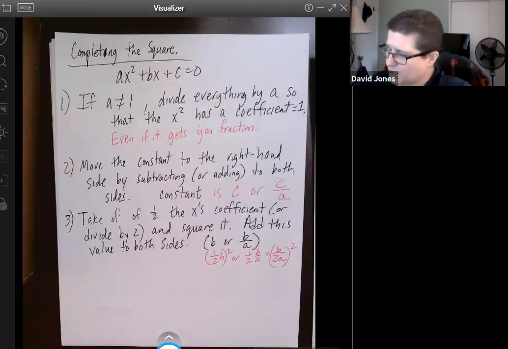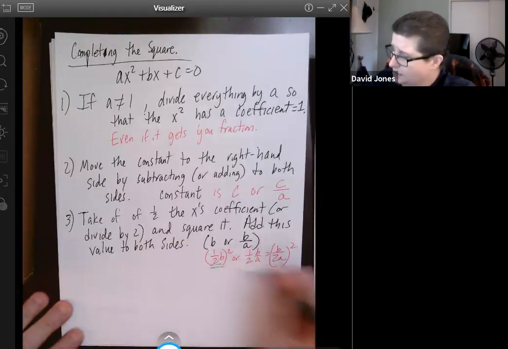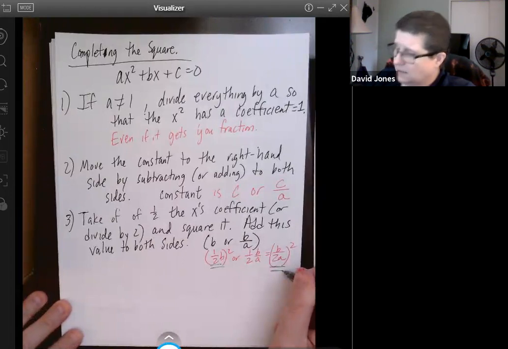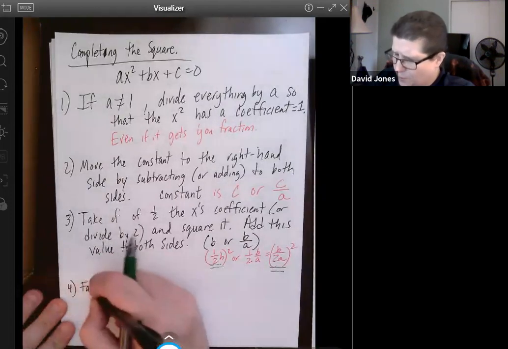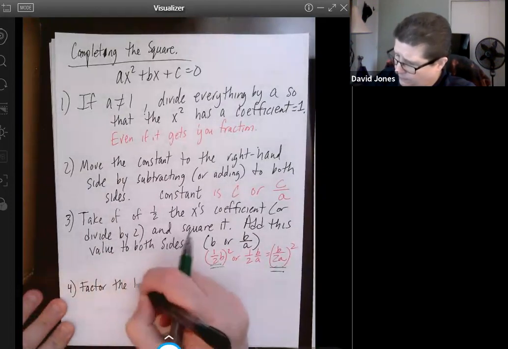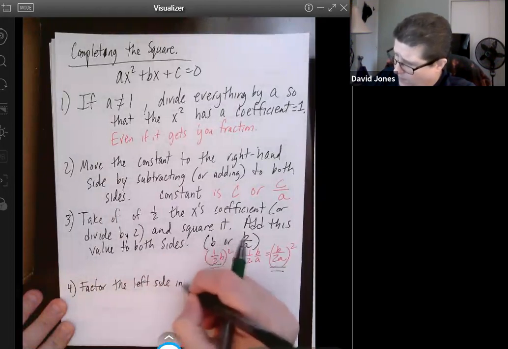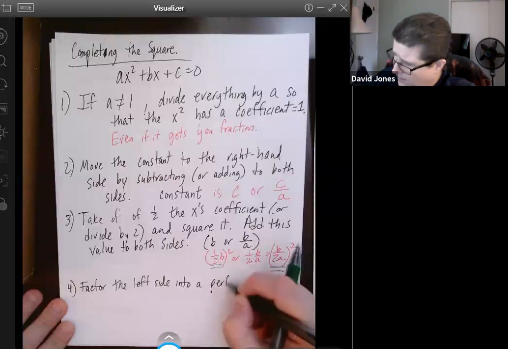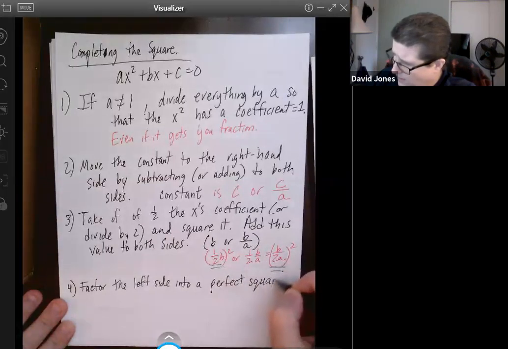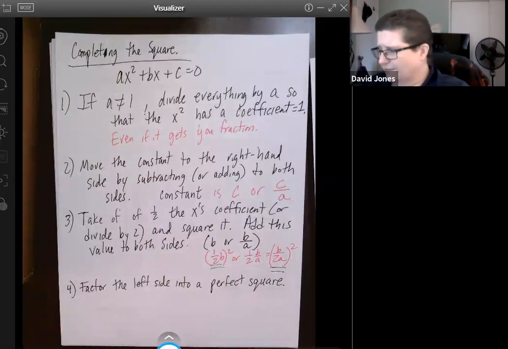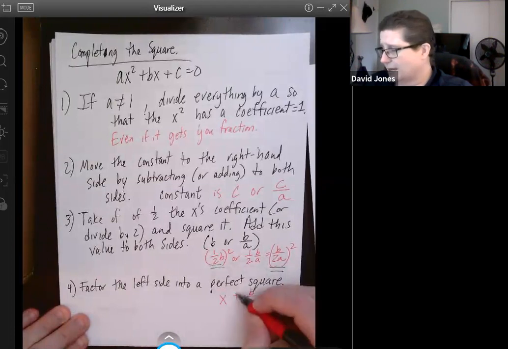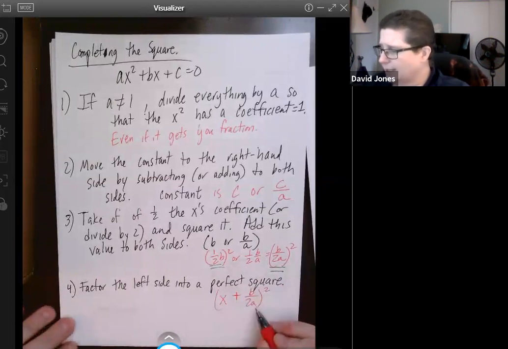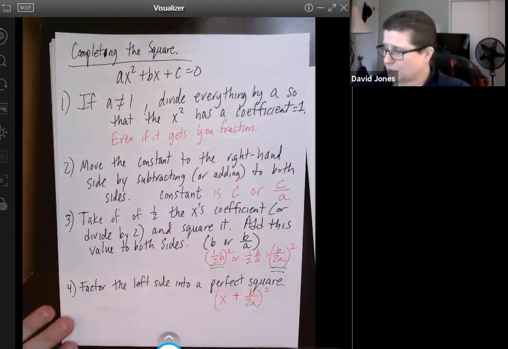Whatever this value is, whichever one you use, step 4 is factor the left side into a perfect square. And every single time it should be x plus b over 2a squared. a might be 1, and b might be negative, but this is always the case that's going to happen.